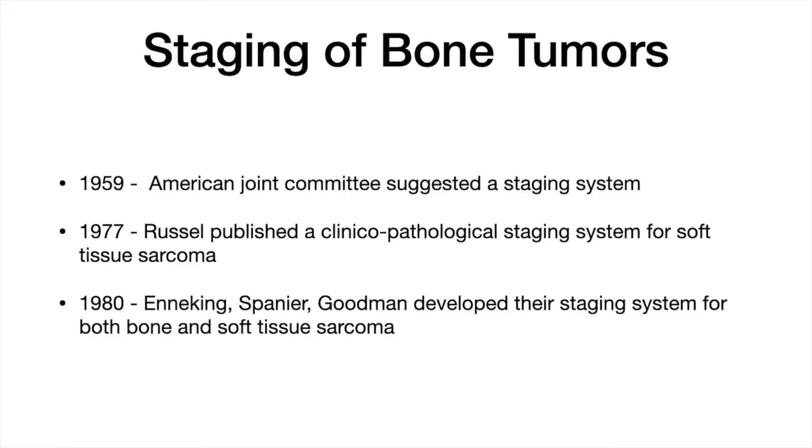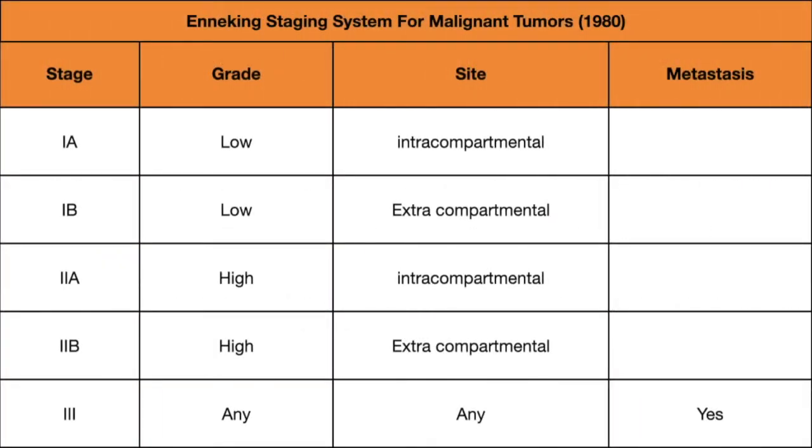In 1980, Enneking et al. developed their staging system for both bone and soft tissue sarcomas. In the Enneking staging system for malignant bone tumors, 1A is low-grade intracompartmental, 1B low-grade extracompartmental, 2A high-grade intracompartmental, 2B high-grade extracompartmental, and 3 is metastasis.